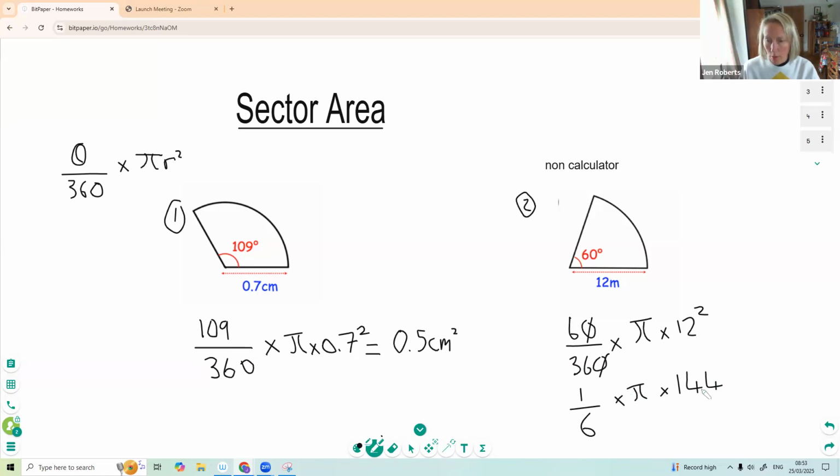So we could just do, well, it's 1/6 of 144 pi. So let's work out 1/6 of 144. If you're good with your mental maths, you can just work this out in your head. If not, use the bus stop method. The answer is 24 pi.